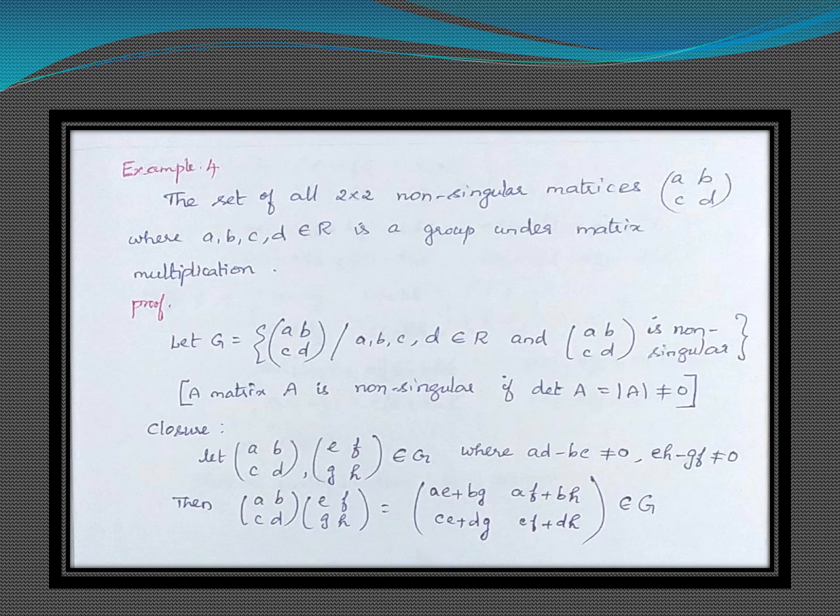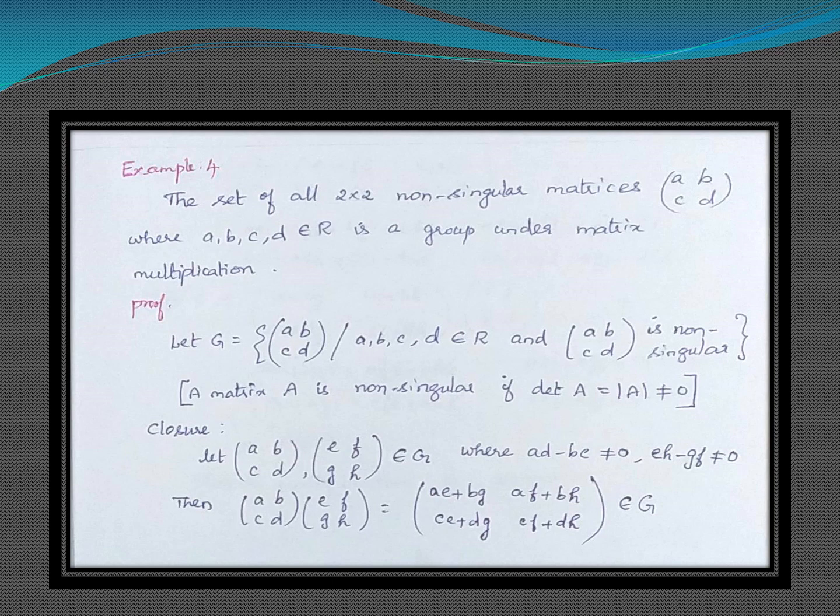Now we are going to multiply these two matrices, matrix A, B, C, D and matrix E, F, G, H, equal to the first row with the first column of the second matrix. Therefore, we get the first element as AE plus BG. Second element is AF plus BH. Third element is CE plus DG. Fourth one is CF plus DH. This is the matrix multiplication, whose entries also belong to R.